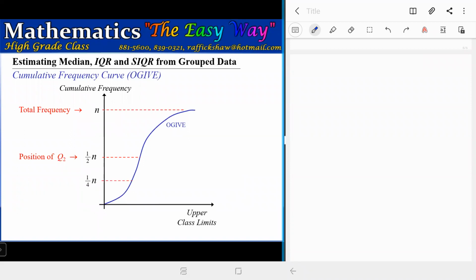Right there, 1/4 of n is the position of Q1. So if total frequency was 100, the position of Q1 will be the 25th. There were 100 balls. The 25th ball would measure the first quartile mass. 3/4 n: for example, there were 100 balls, 3/4 of 100 is 75.